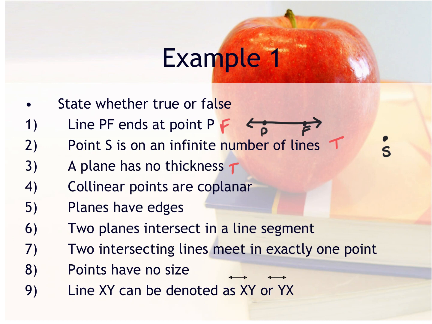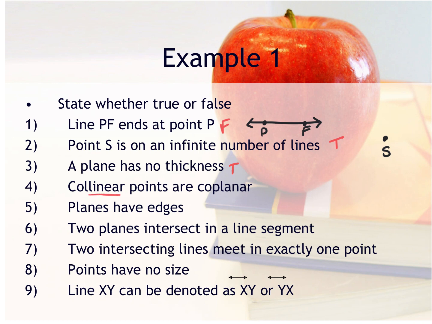Collinear points are coplanar. This one may sound confusing, but the best thing I would say to do is, again, draw it out. Drawing it out definitely helps to visualize what it's asking. Linear, the keyword, is a line.